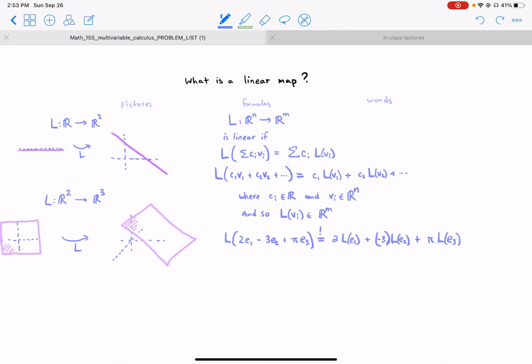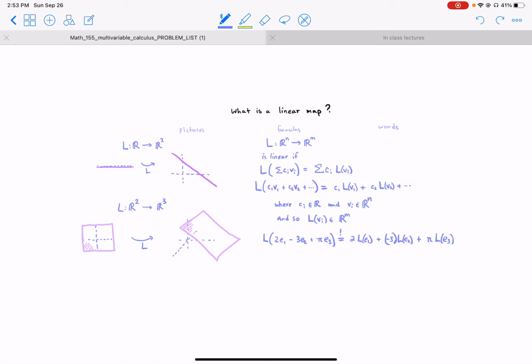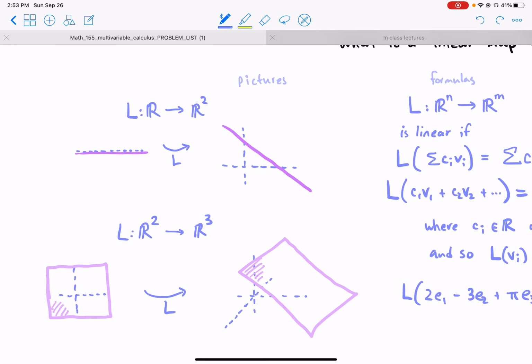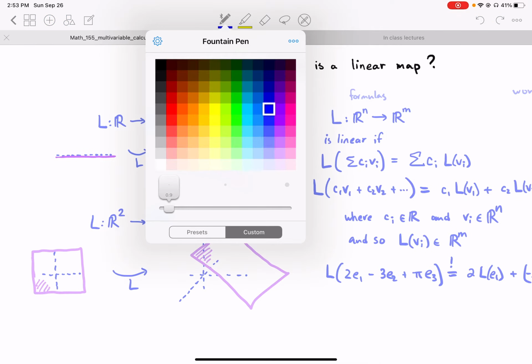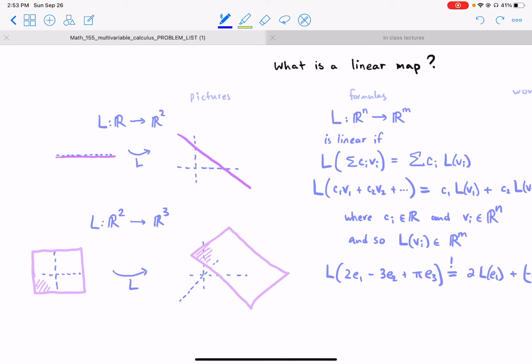As a consequence, if I know how L acts on the little basis vectors, I know it everywhere, because I can write any vector as a combination of those basis vectors. Let's go back to our pictures. Let's say this is the point x, and then f of x is somewhere. Oh, I've called it L, so this is L of x.